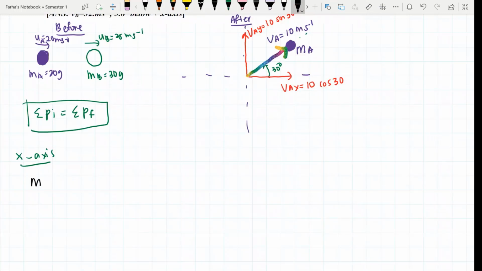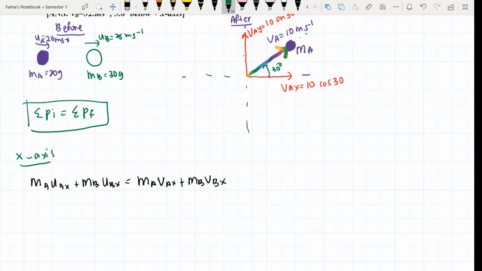In X axis, we have MA UAX plus MB UBX equals to MA VAX plus MB VBX. Itu adalah untuk X axis, before and after the collision.